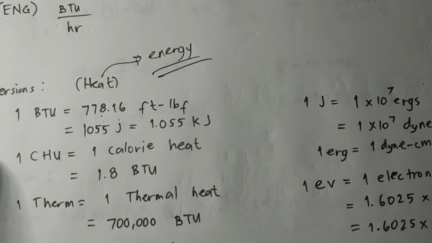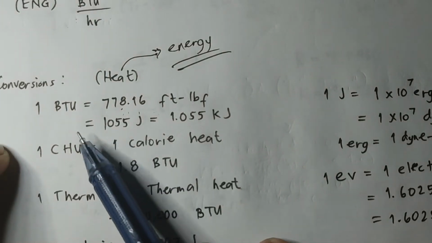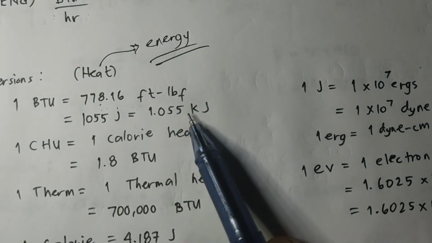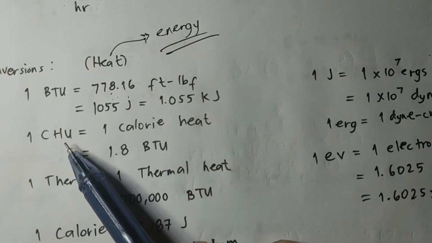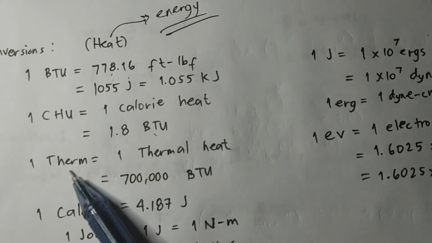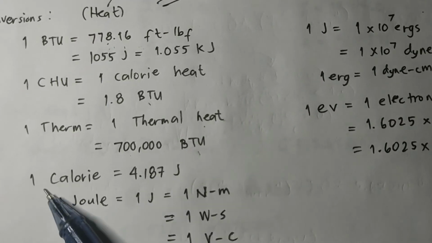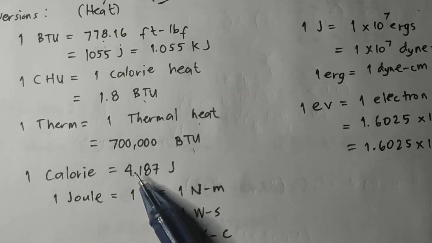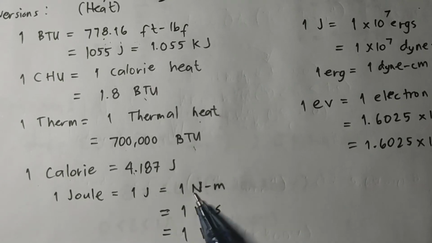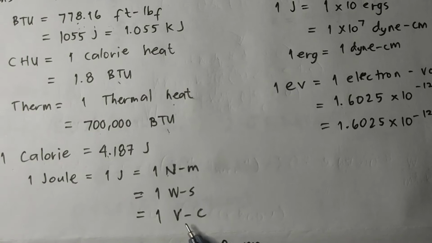Magagamit natin ito sa pagsosolve ng mga following problems sa heat transfer and also thermodynamics. 1 BTU is also equal to 1055 joules and equal to 1.055 kilojoules. 1 calorie heat unit is equal to 1.8 British thermal unit. 1 therm or 1 thermal heat is equal to 700,000 BTU. 1 calorie is equal to 4.187 joules. And 1 joule is equal to 1 Newton meter or equal to 1 watt second or volt coulomb.